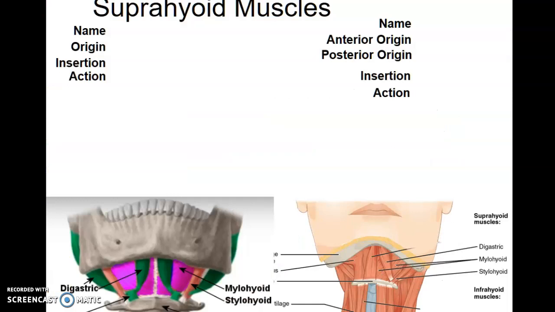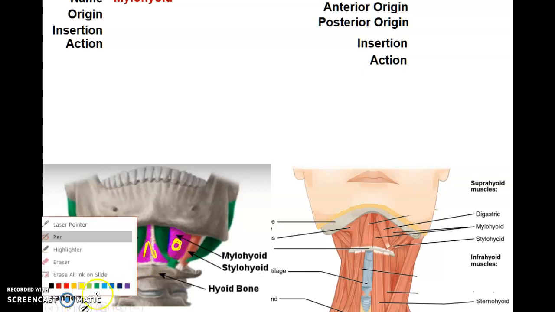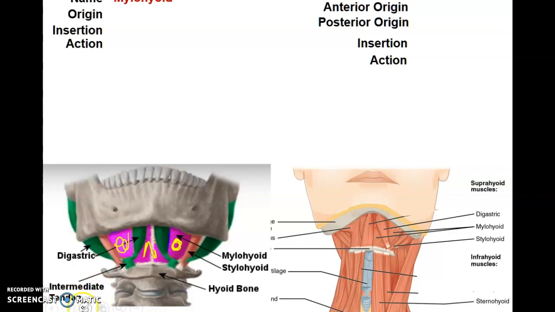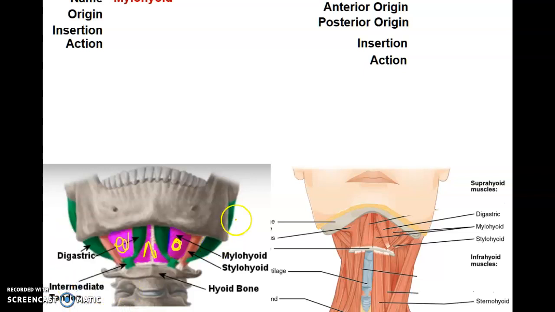We have, in nice fuchsia, the mylohyoid. And it's making up the entire floor of your oral cavity. We then have, green on green's not going to work, is it? We then have this muscle. It's coming down from the mastoid process, and it attaches to the hyoid bone there.